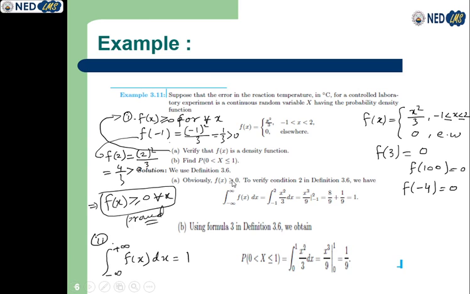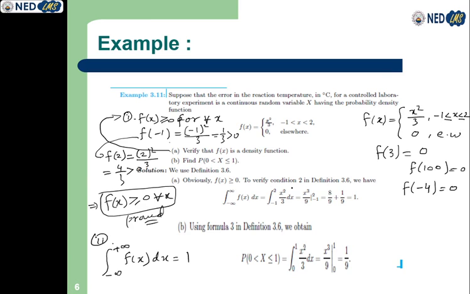See this, student. The second property proof, in the definition: the integral from minus infinity to plus infinity of f of x dx equals. Minus infinity means the lower limit of our given function, and plus infinity means the upper limit of our given function. Here, -1 to 2.